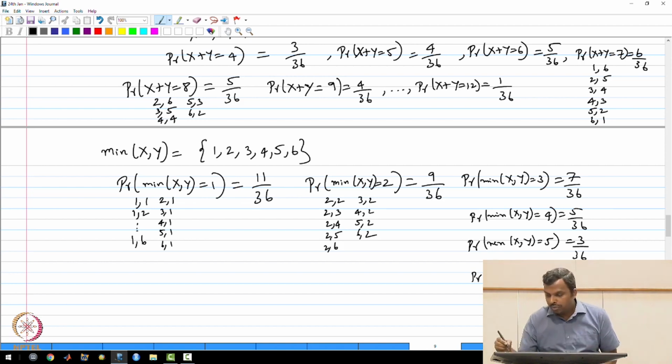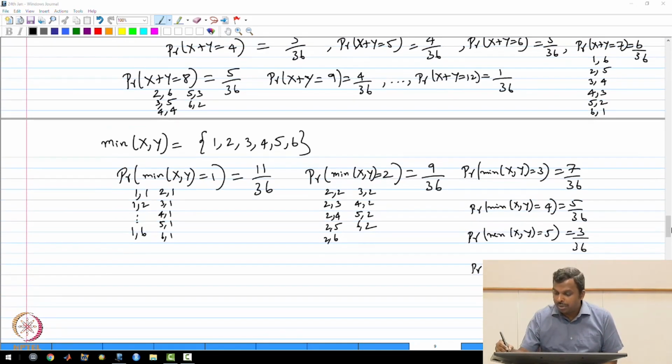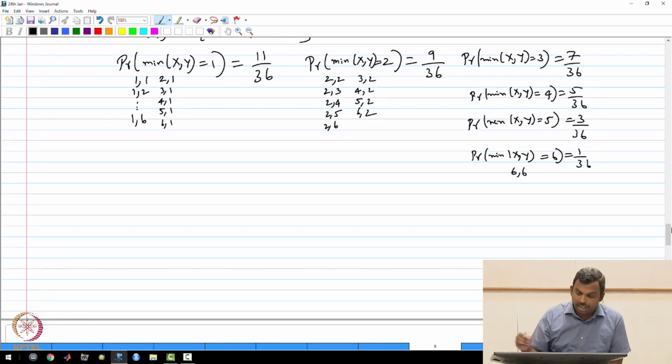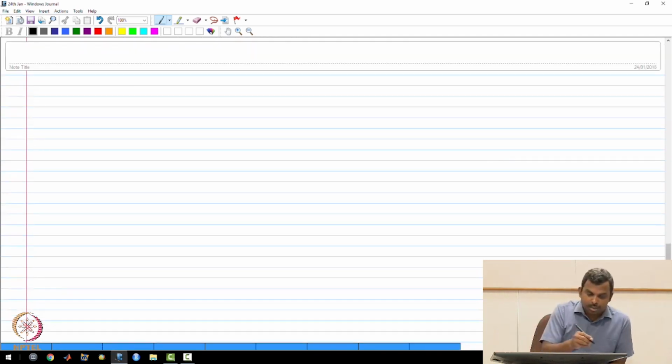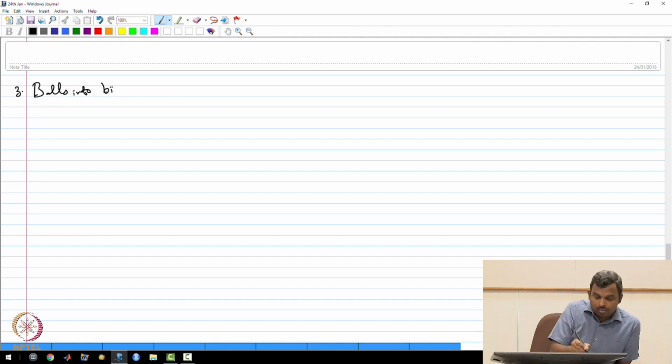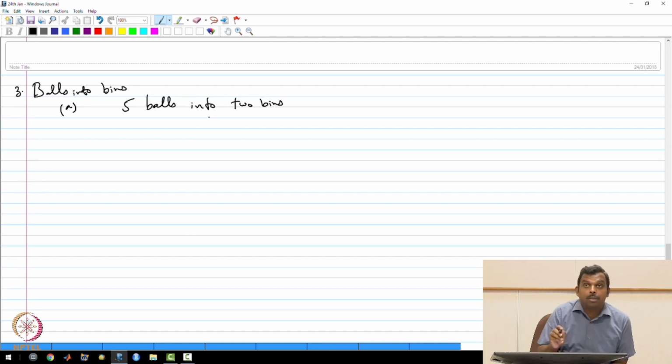Okay. So the final couple of examples I'm going to do are slightly more complicated. This is the third example. I will look at balls into bins. The first case we'll consider is, let's say we are throwing 5 balls into 2 bins. There are only 2 bins. Remember, this is a bit critical.